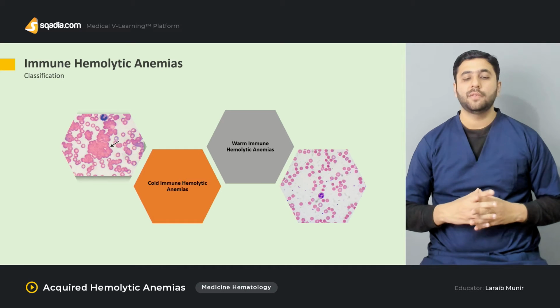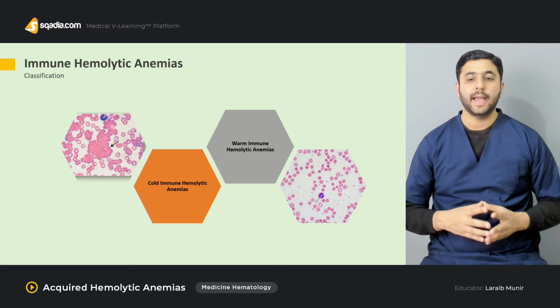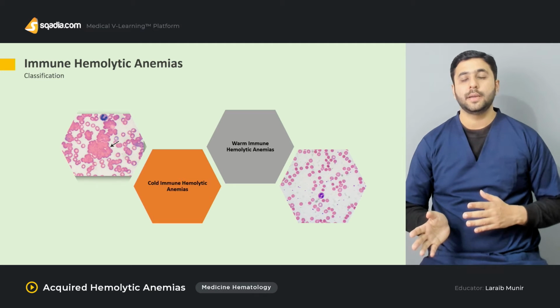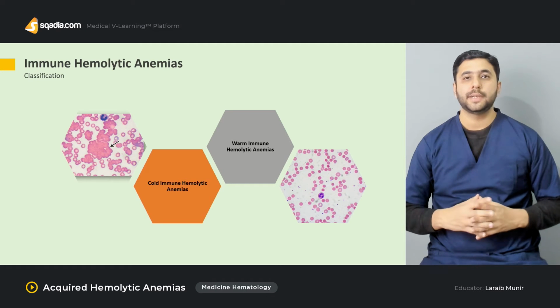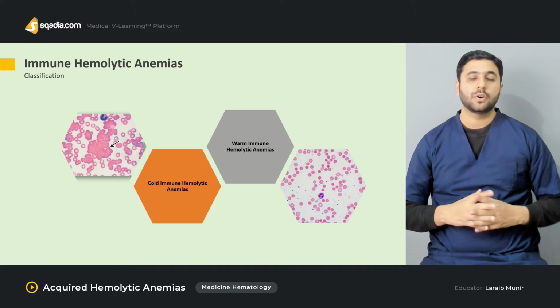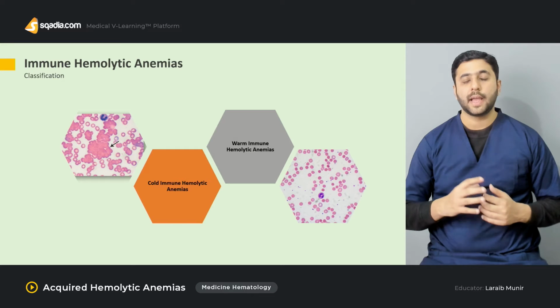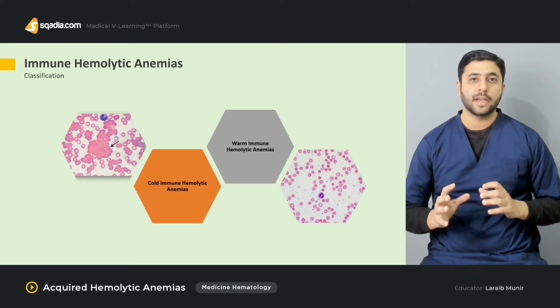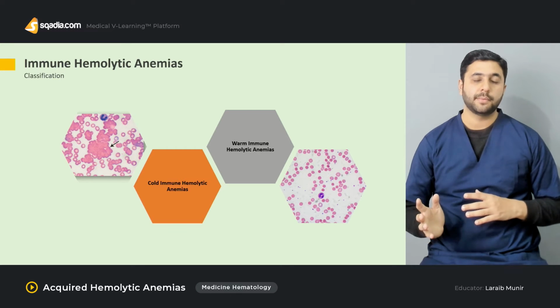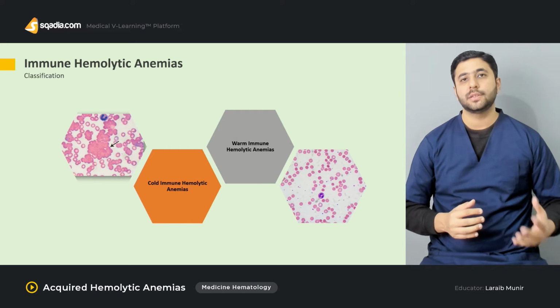The antibody involved in the cold immune hemolytic anemia is generally the IgM, and in the warm immune hemolytic anemia, IgG is the basic antibody involved. So, IgM can cause destruction either because of tagging of the RBCs leading to the extravascular hemolysis, or IgM can also induce complement activation leading to the destruction.